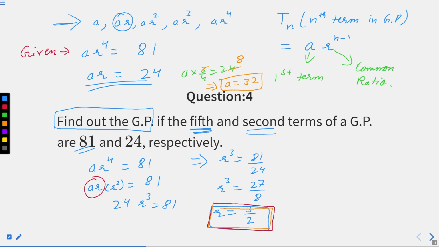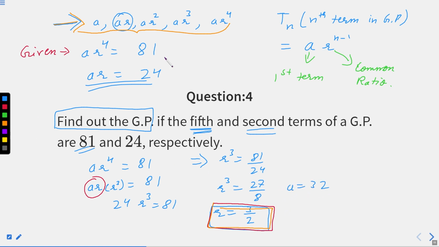So just put these in to find the GP. Let me evaluate the first 3 terms. R is 3 by 2, A is 32.